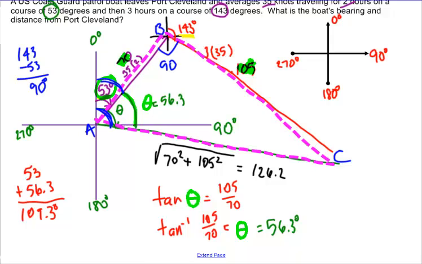That is the bearing for your boat. So you've got a bearing of 109.3 degrees, and you're 126.2 nautical miles away. It's an involved problem with a lot going on, but it comes down to just trig and using what we know about right triangles to find what we don't.